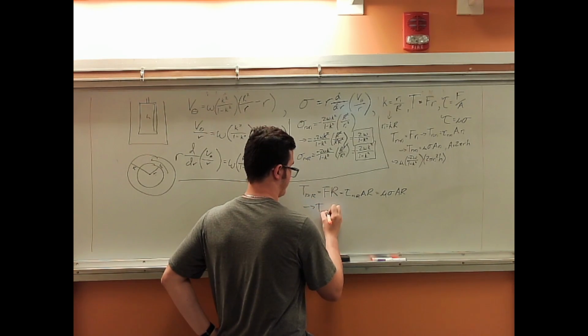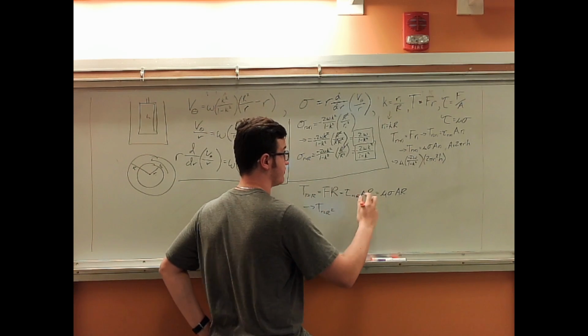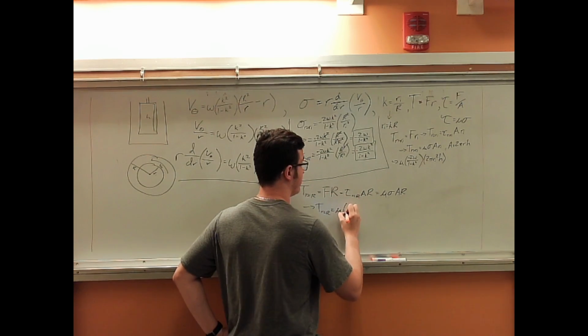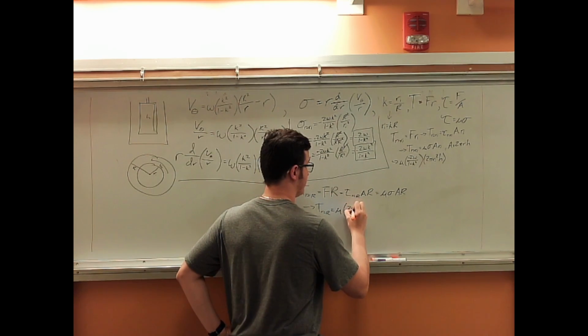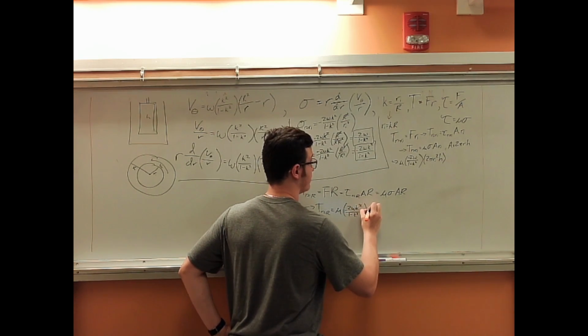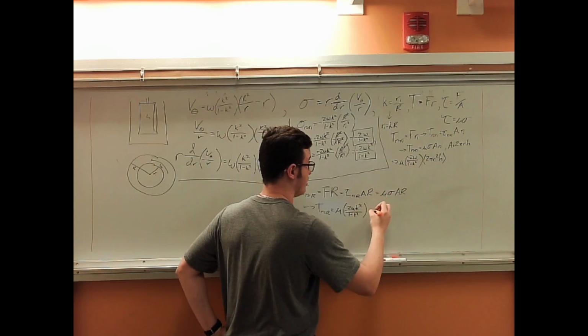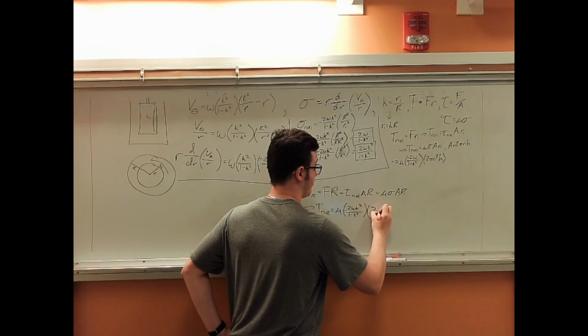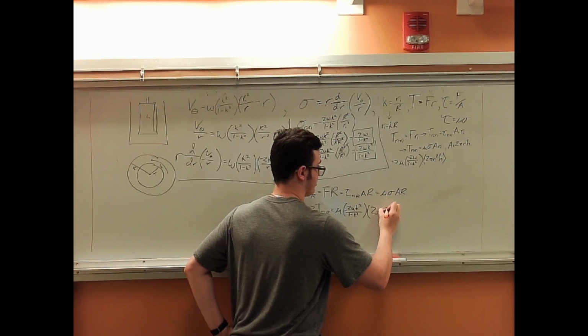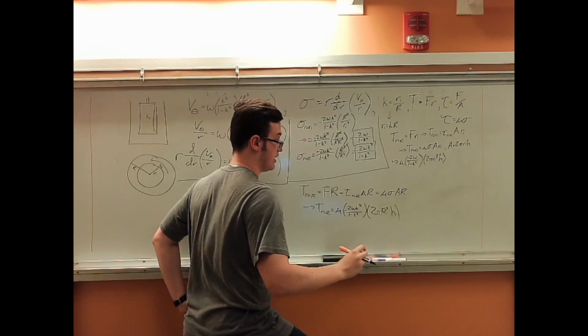Torque for the outer radius is equal to mu times negative 2 omega k squared over 1 minus k squared multiplied by, we know, 2 pi R squared h.